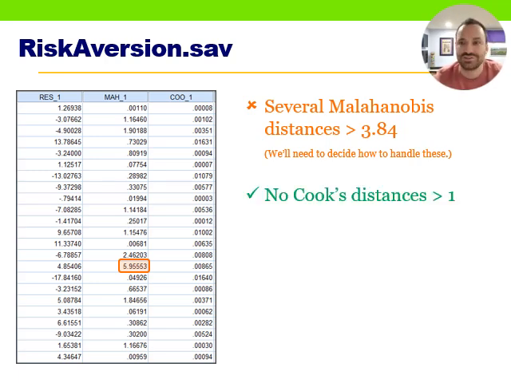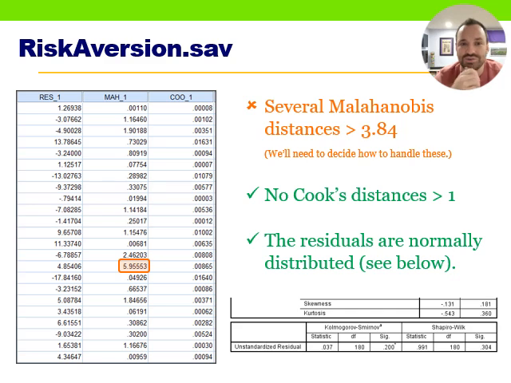There's no Cook's distances greater than one. The residuals are normally distributed, right? So if we ran a skewness test on the res1 variable, we'd do negative 0.131 divided by positive 0.181. That's going to be well within plus or minus 3, right? It's going to be less than 1. So, some of the assumptions are met. Maybe the outliers matter. I don't know.